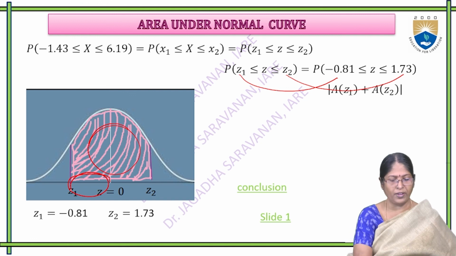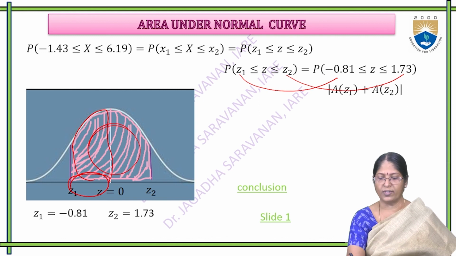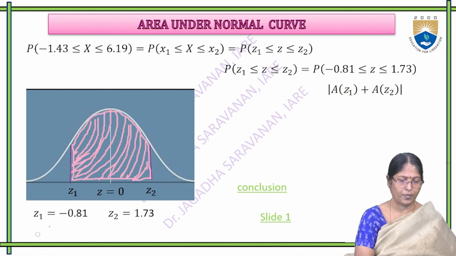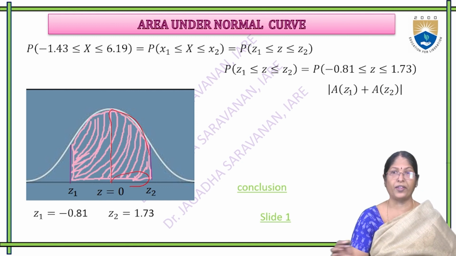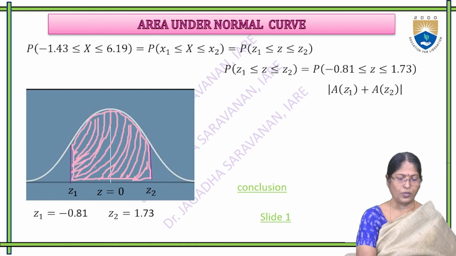First we can find this part, that is the area of Z1. Next this part, that is the complete area of Z2. If you add both, we will get the total part.